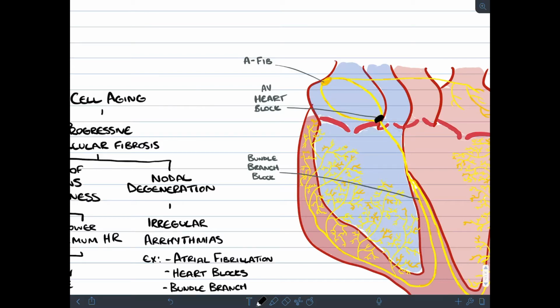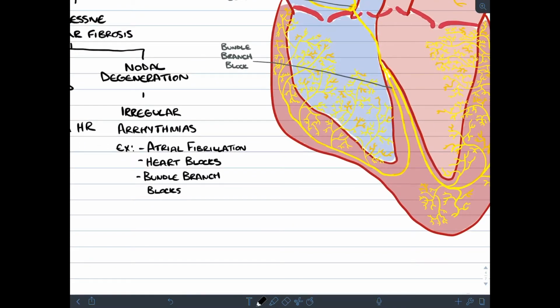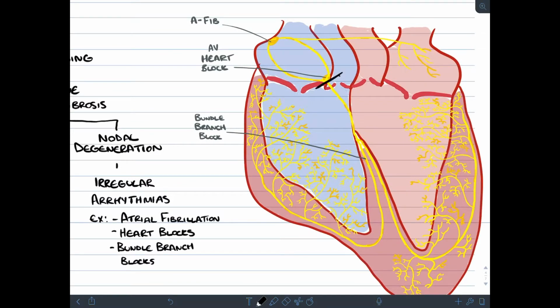We see that because the P wave is still consistent, and we see it at its normal rate, which is about 60 to 100. So you'll see the P waves occurring, but we'll see a completely independent QRS. Since there's a complete block, the ventricle realizes it's not being contracted, and it starts to send signals for its own pacemaker to kick in.